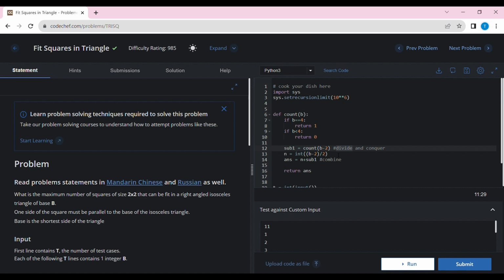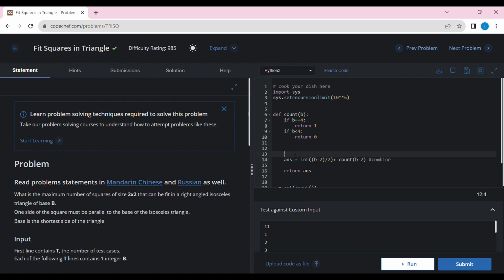So to do that, let's say we just calculate n before itself. If we do that, we don't need this line anymore, right? What we can do is simply replace sub 1 here by that count of b minus 2, and in one line itself we can basically get the answer, like divide the problem, conquer the subproblem, and combine it also. If you want to make it even shorter, you can even remove this variable n and replace it here.